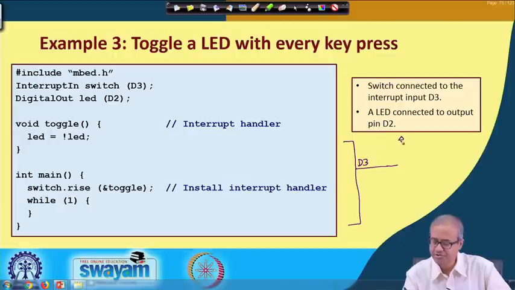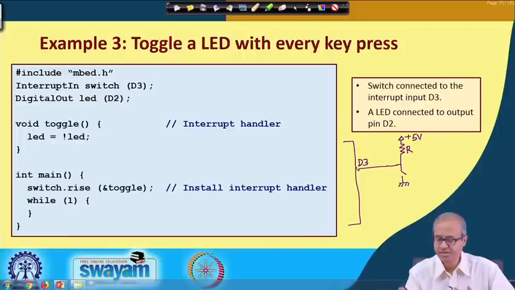Typically we connect switches like this: we connect a resistance, then a switch, and on the other side we connect 5 volts. If this switch is open, high voltage or logic 1 will come to D3; if it is pressed it will be shorted to ground, and 0 will come.